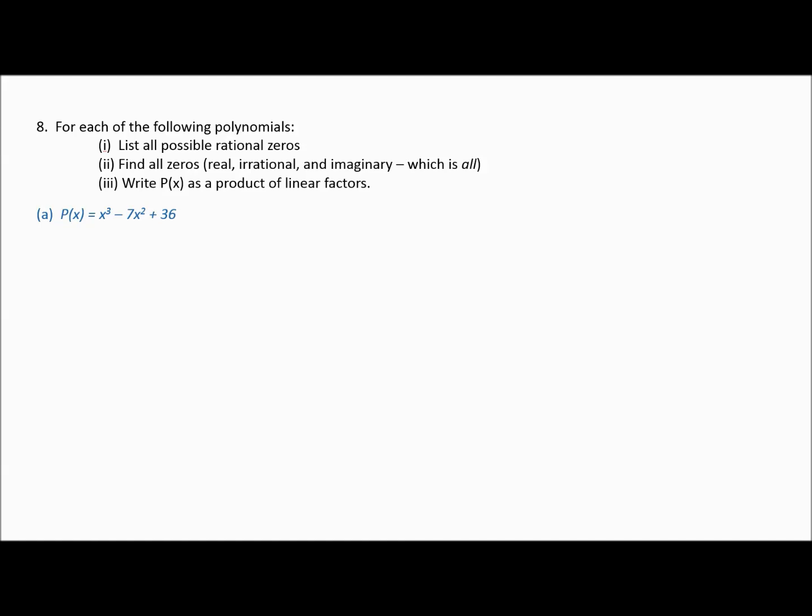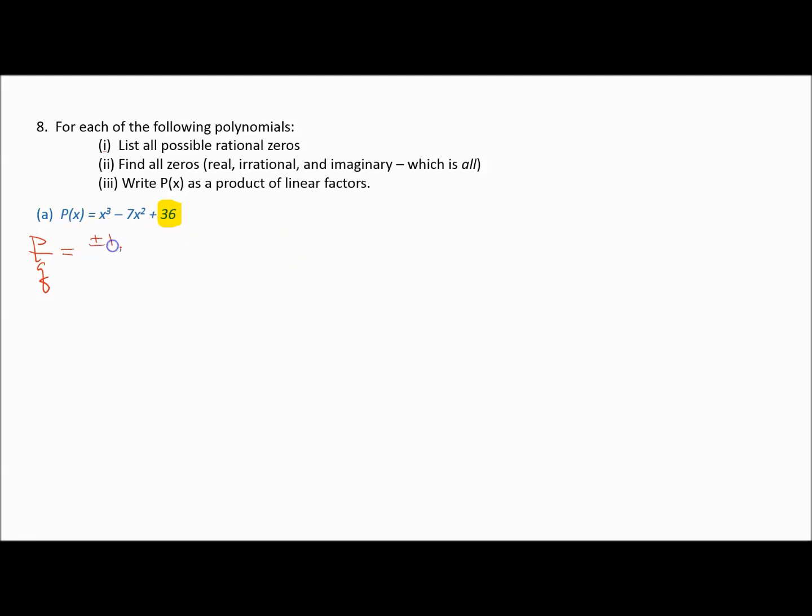So to do the very first thing, to list the possible rational zeros, we start with P over Q in fraction form. P is all the factors of the constant. The constant in our problem is 36, and I want to write all the factors of 36 up here in the numerator.